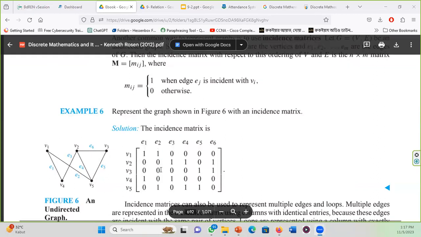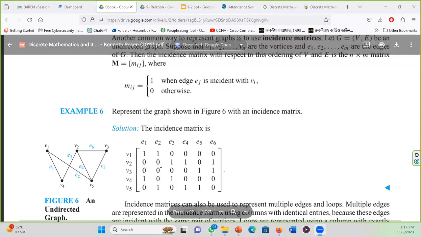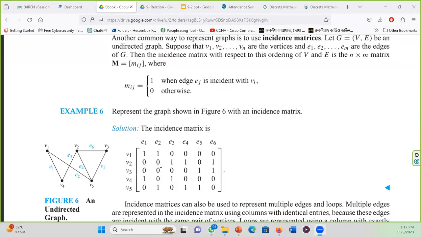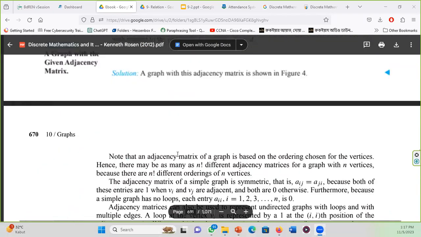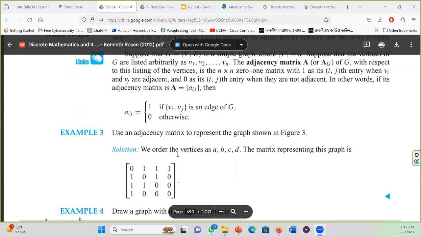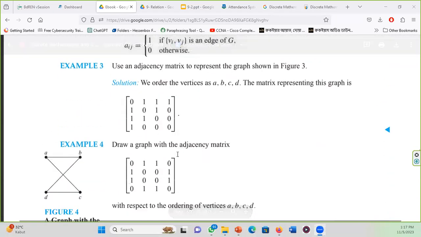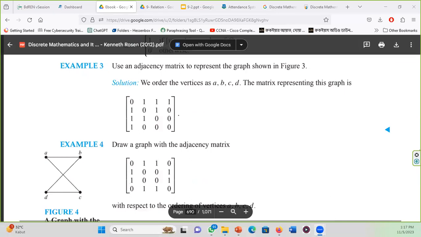Can you see my screen? Yes, sir. Okay. So there is a bit of difference between the adjacency matrix and the incident matrix. See, the adjacency matrix is done with nodes.